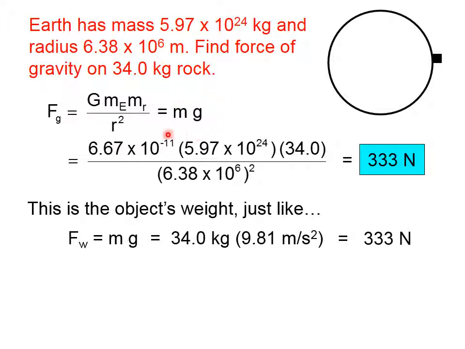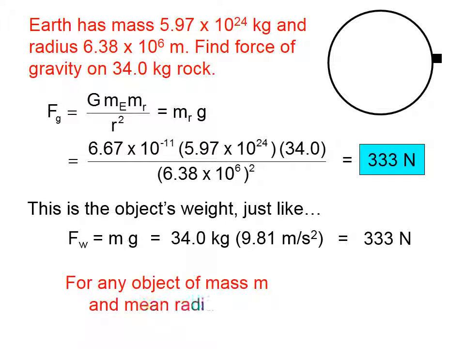mass times little g. Now this mass is the mass of the rock. So what we have here is the mass of the rock times little g is equal to big G times the mass of the Earth times the mass of the rock divided by the radius of the Earth squared. I think I should be able to cancel the mass of the rock like that, which means look what we have.